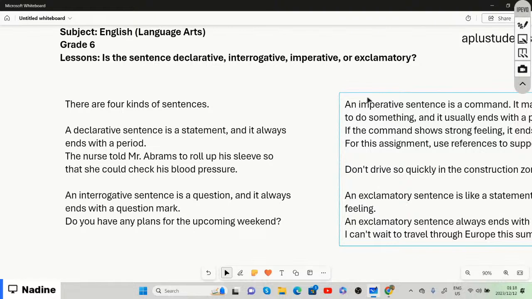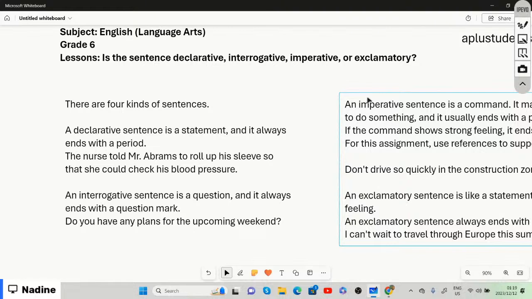Then we have an interrogative sentence. An interrogative sentence is a question and always ends with a question mark. With an interrogative sentence, they ask questions.